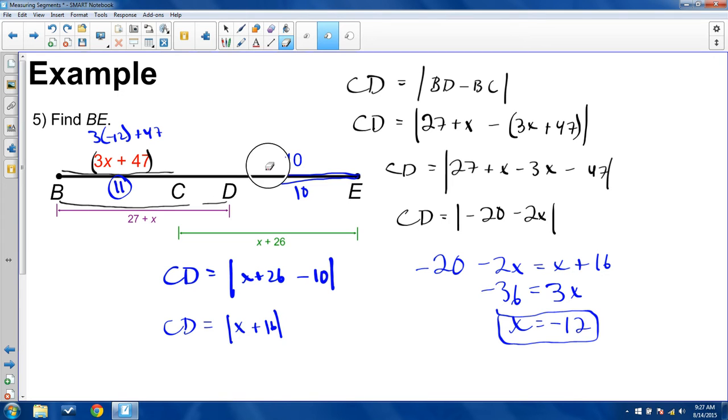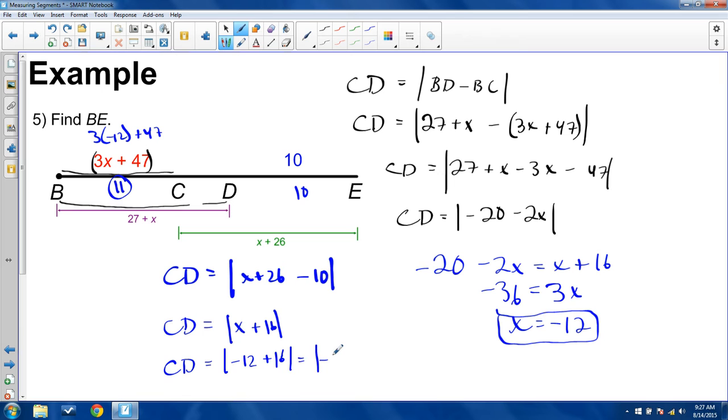CD we can find by substituting x into either of these equations, either this one or this one. Now, here's where the absolute value matters. Okay, notice how here when I do CD, it's not going to matter too much. You'll get the absolute value of negative 12 plus 16, which is absolute value of positive 4, which is positive 4.